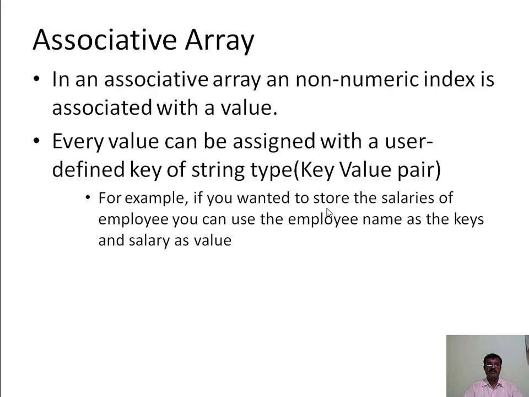In associative array, every value can be assigned with a user defined key of a string type, that is key value pairs. For example, if you wanted to store the salaries of an employee, you can use the employee name as a key and salaries as a value.